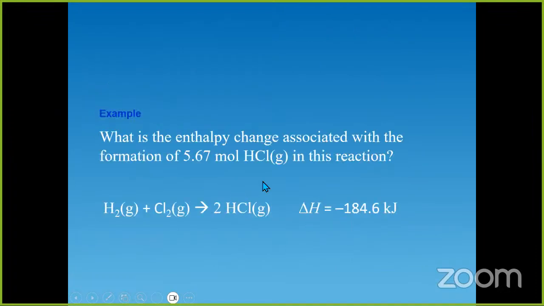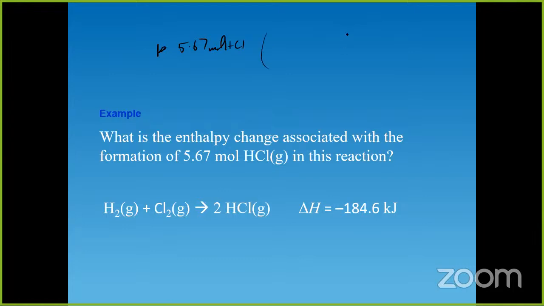All right. So an example of this is right here. They gave you this equation. They gave you the delta H value for that reaction. And the question is saying, what is the enthalpy change associated with the formation of 5.67 moles of HCl in this reaction, right? So what I would do is start off with 5.67 moles of HCl.